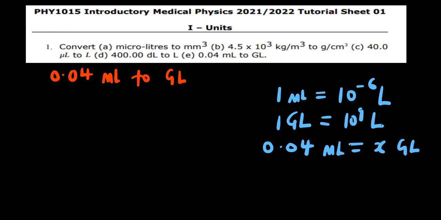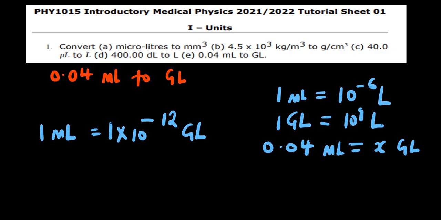Our conversion unit will be simple. 1 milliliter will be equal to 1 times 10 to the power negative 12 gigaliters.